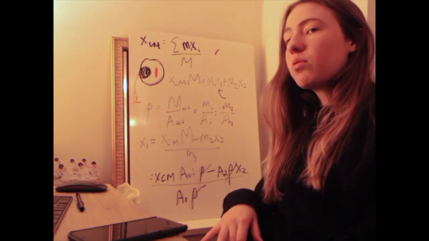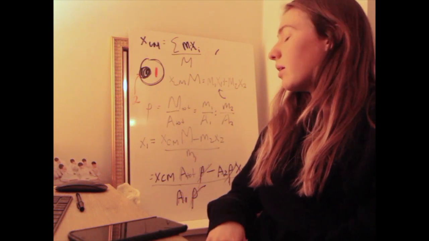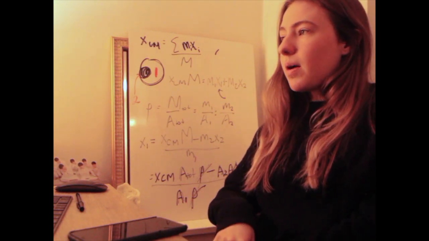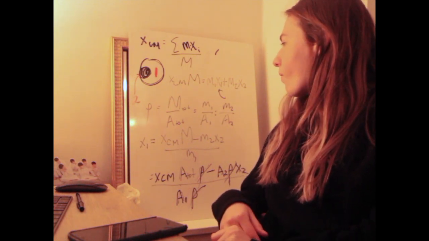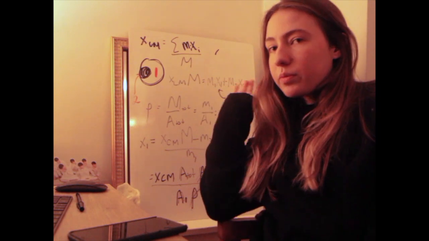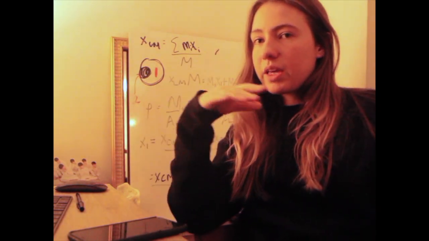So we don't know what M1 or M2 is, but we do know the areas because they give us that radius. So assuming uniform density, you can set up proportions for all the mass over the areas.